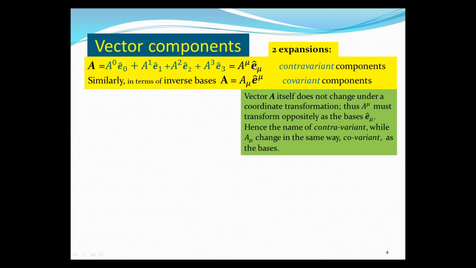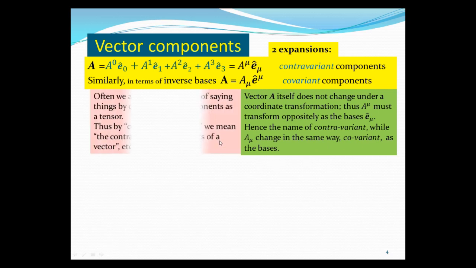Whatever the basis change, it must be canceled by the coefficient change. That's why this coefficient is called contravariant, opposite variation. While if one expands in terms of the inverse basis, you wouldn't be surprised to hear that those transform in the same way as the basis. Therefore, A_mu is called covariant components.